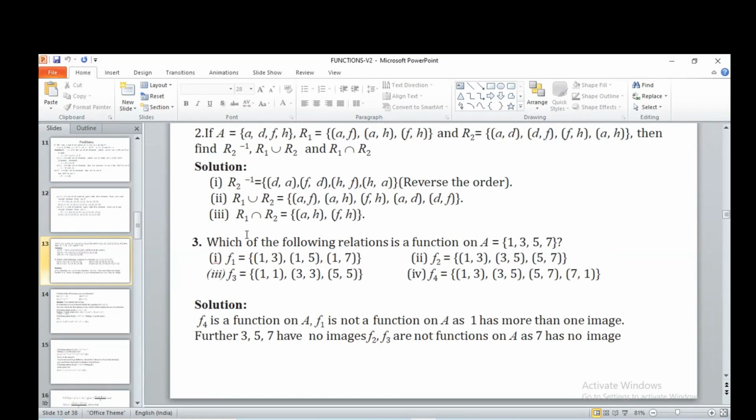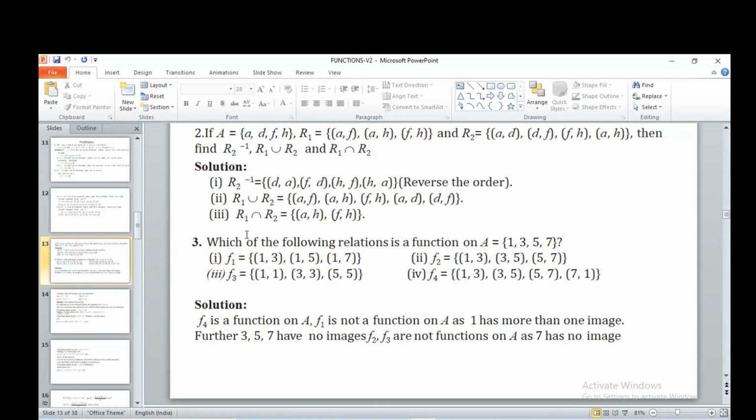Next part. If A equals A, D, F, H, then R1 is A comma F, A comma H, F comma H, and R2 is A comma D, D comma F, F comma H, and A comma H. Then find R2 inverse. We know R2 is A comma D, D comma F, F comma H, A comma H. Whenever they ask for inverse, you write in reverse order.